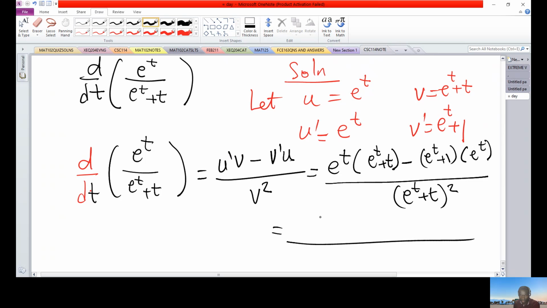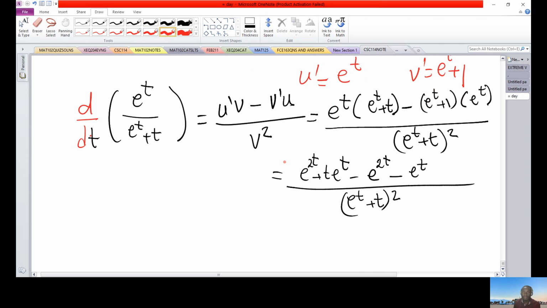When you simplify, you get e^(2t) + t e^t - e^(2t) - e^t over (e^t + t) squared.